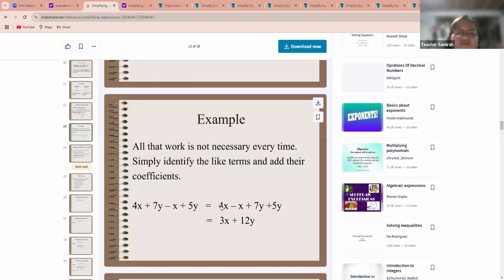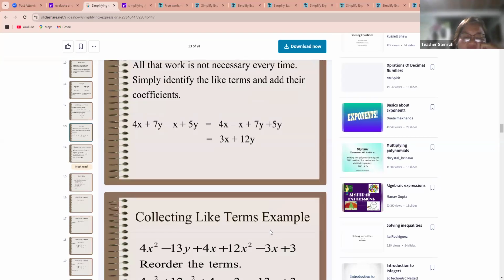It's because 4x is positive, and 4 is bigger than 1, so we copied the sign of the bigger number, which is 4. That is why we got positive. Then we subtracted 1 from 4, which gives us 3x. And then 7 and 5 will be 12, and we just copy the variable y. So the final answer would be 3x plus 12y.